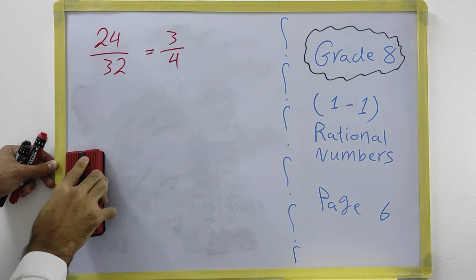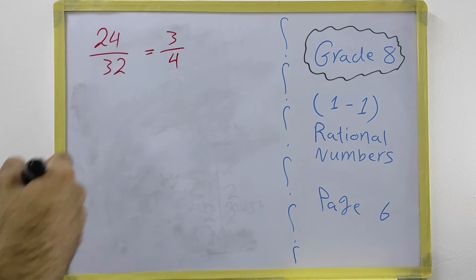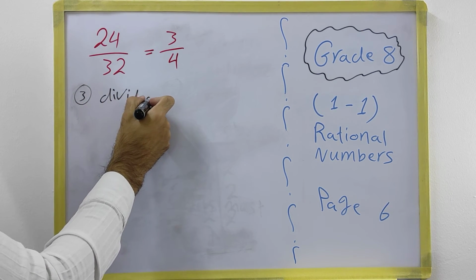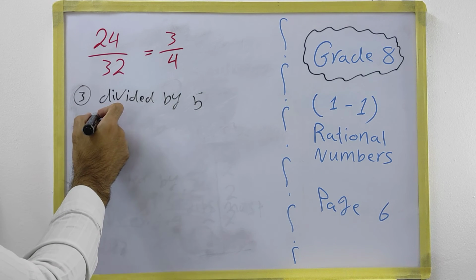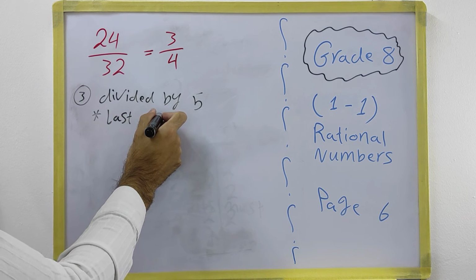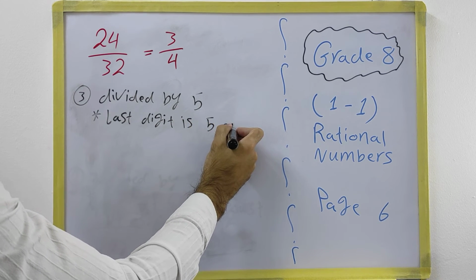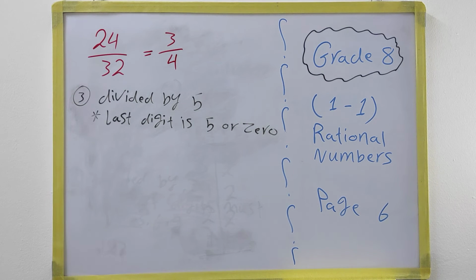If this number's last digit is 0 or 5, the third one, divided by 5. If the last digit is 5 or 0, if it's one of them, directly we can say that this number can be divided by 5.